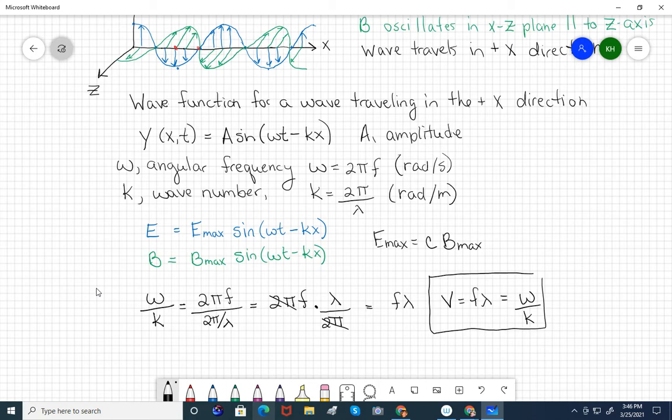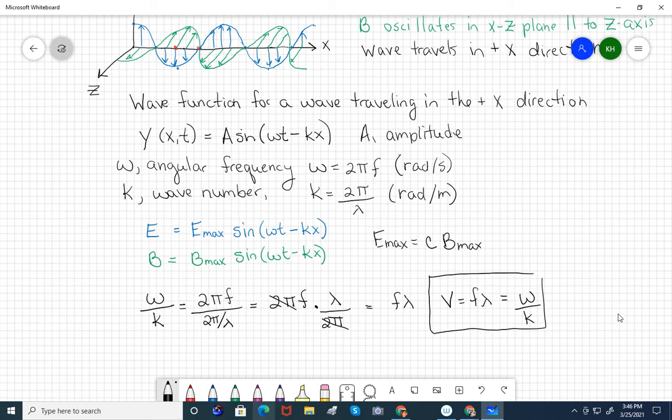Let's look at an example. I will point out that in the equations we have here, if we make the wave travel in the negative x direction, we have to make these pluses. If we travel in the z direction, we have to make it z's.